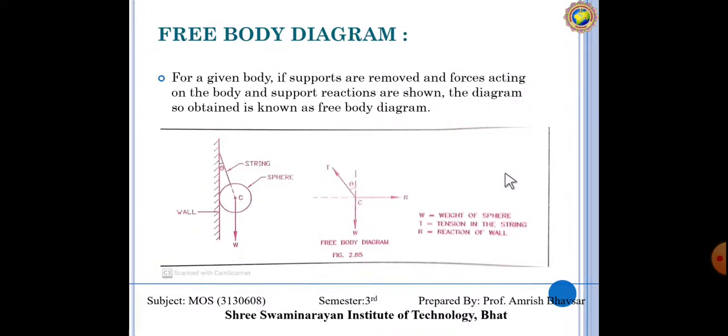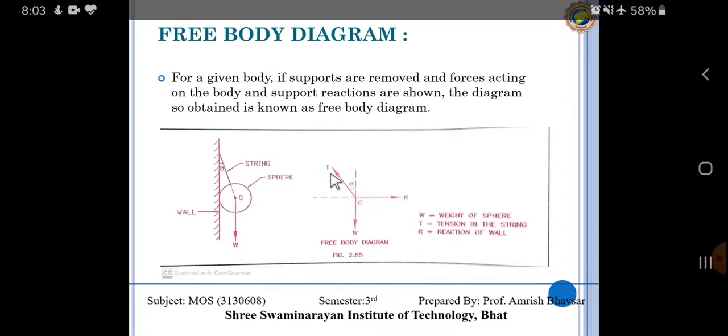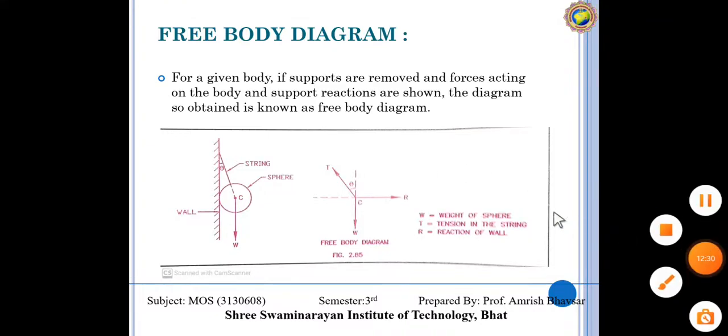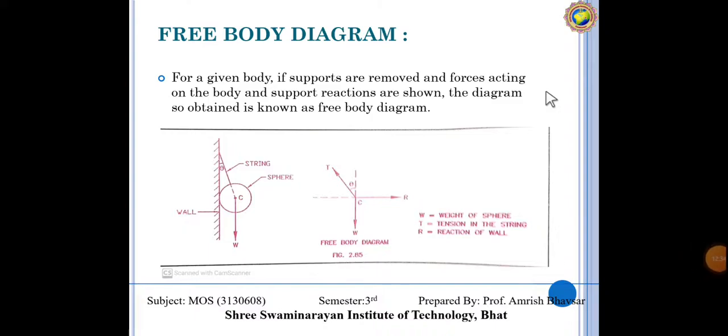The most important thing is the free body diagram. What is a free body diagram and why are we considering it? Everything surrounding us which is resting and stable in its position is so with the help of some support.